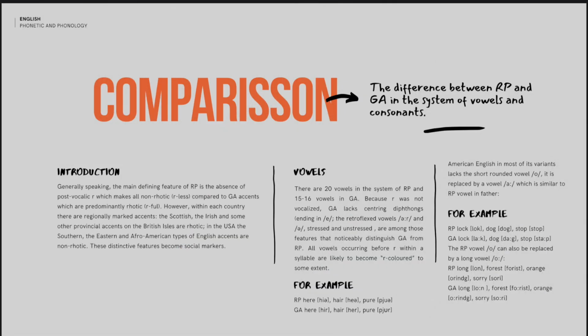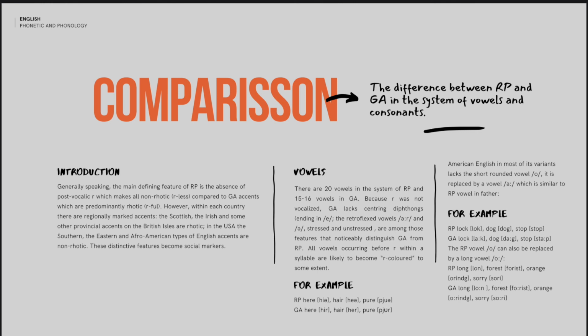Comparison: the difference between RP and GA in the system of vowels and consonants. Introduction. Generally speaking, the main defining feature of RP is the absence of post-vocalic R, which makes it non-rhotic, or R-less, compared to GA accents, which are predominantly rhotic, or R-full.